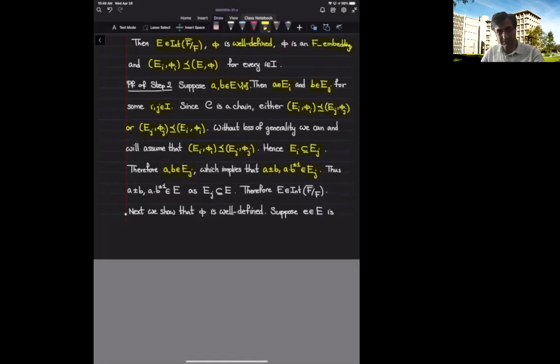But E_j itself is a subfield of E, the union. That means all these elements belong to the union, which is E. So E is a subfield, because it is closed under addition, subtraction, multiplication, and division. So it is an intermediate subfield of the extension F-bar over F.